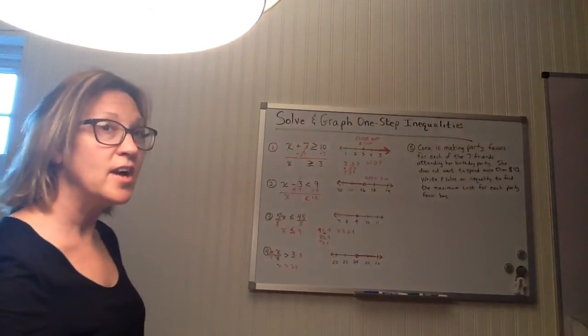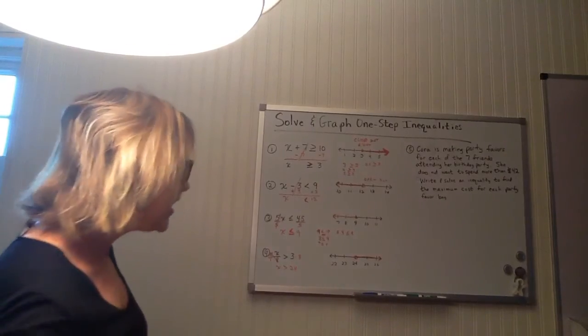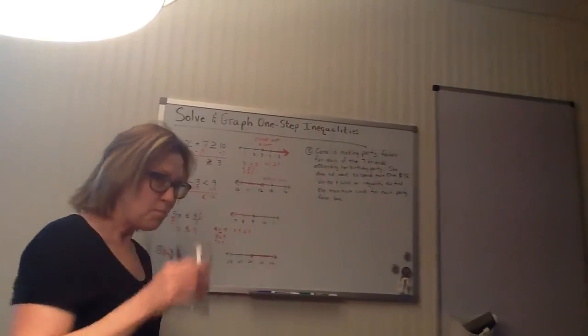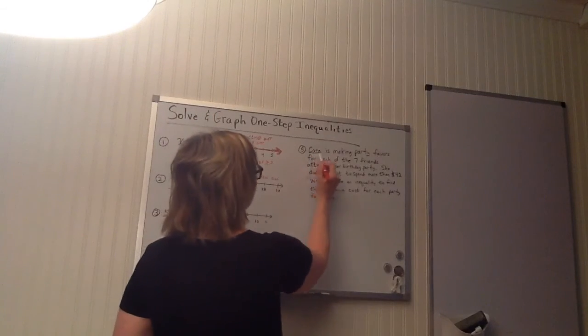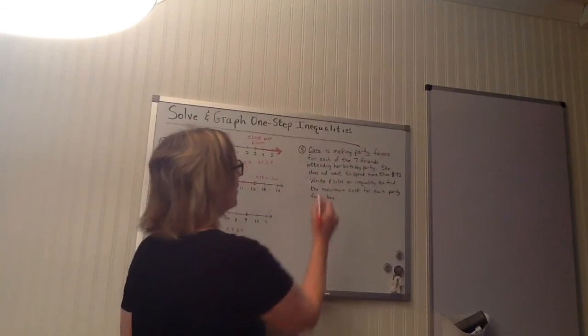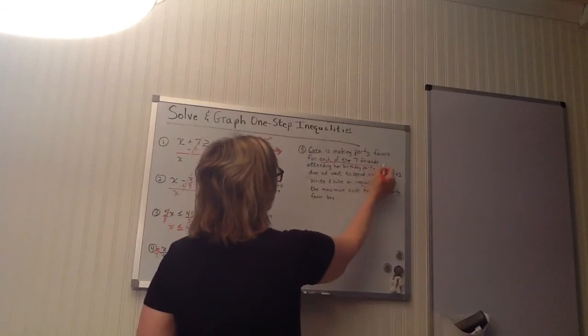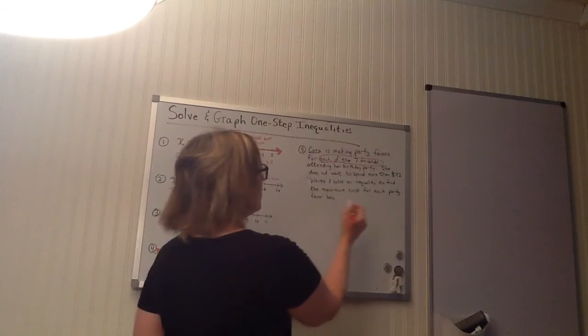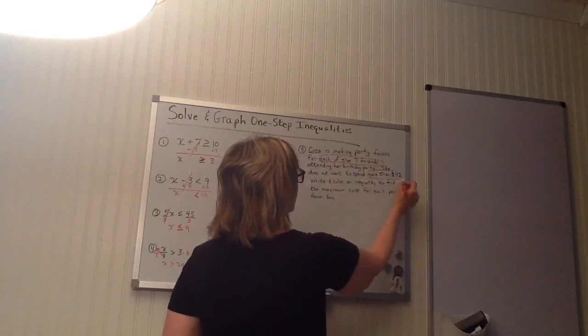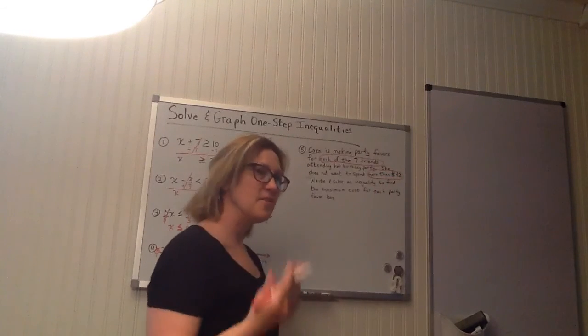Okay, we're going to take a look at a word problem, your favorite. And the star of the show is Cora. Cora's making party favors for each of her 7 friends attending her birthday party. She does not want to spend more than $42. So think about it.